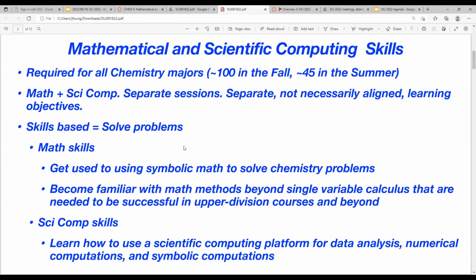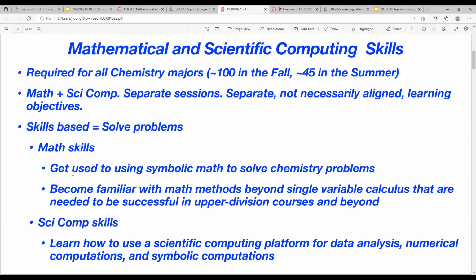The main goal of that math methods part is just to present the math that the chem majors need to be successful in upper division classes.